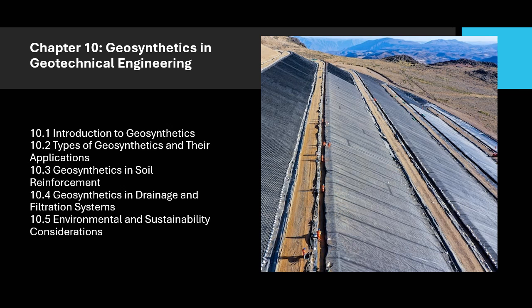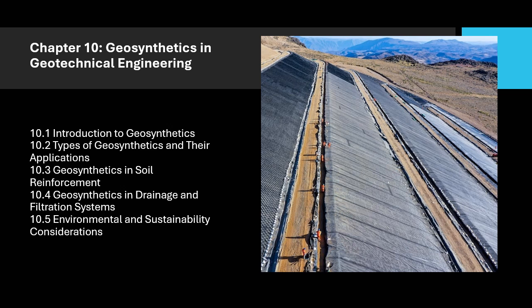Drainage layer in landfills. Geosynthetics are often used to construct drainage layers in landfills, where they help to collect and direct leachate, contaminated water, away from the landfill. This ensures that hazardous materials do not seep into the surrounding environment.